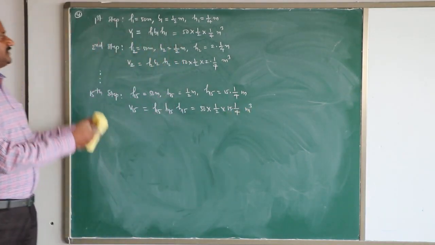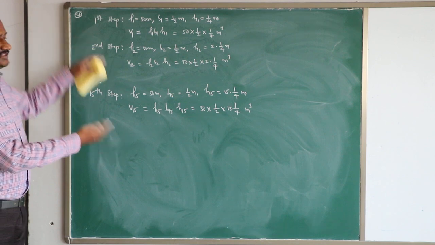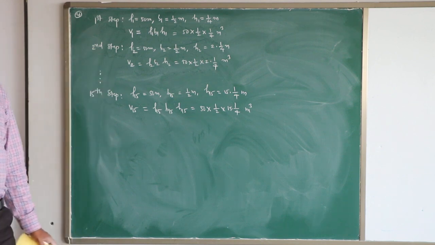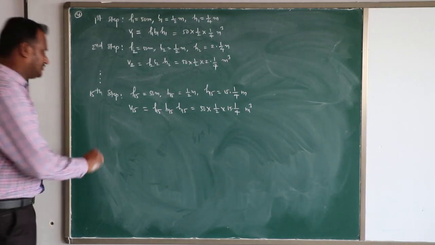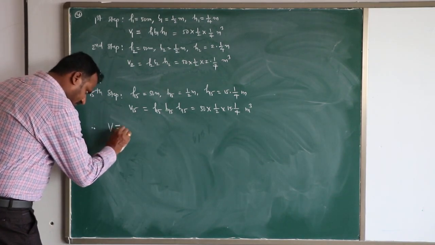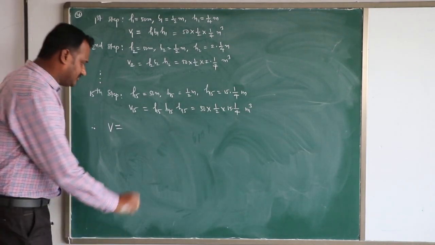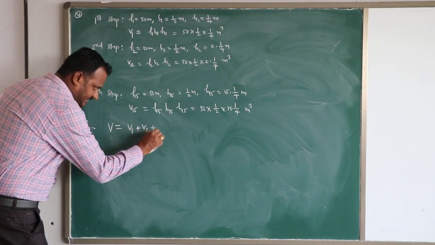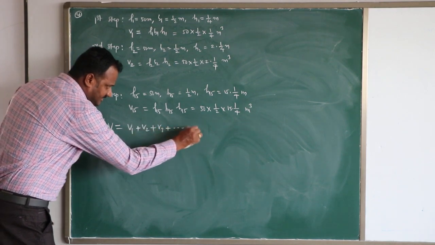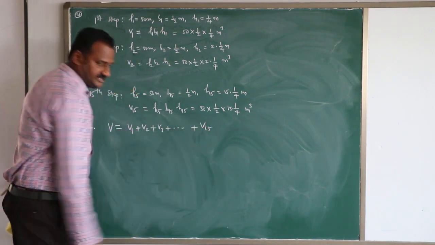Now if you add all these volumes, you will get the volume of concrete required to build these stairs. So the total volume of concrete required is equal to the volume of the first step, volume of the second step, volume of the third step, and so on, volume of the 15th step.